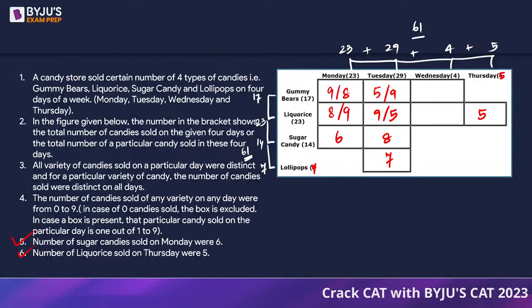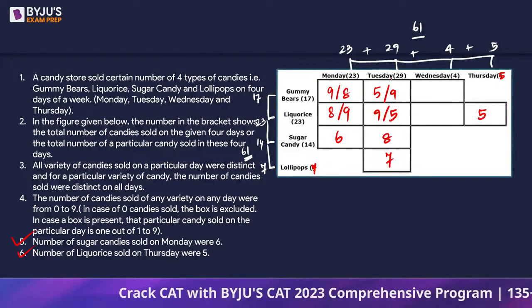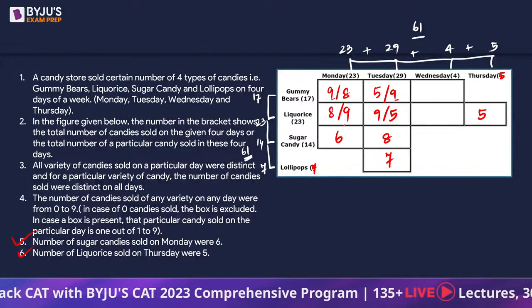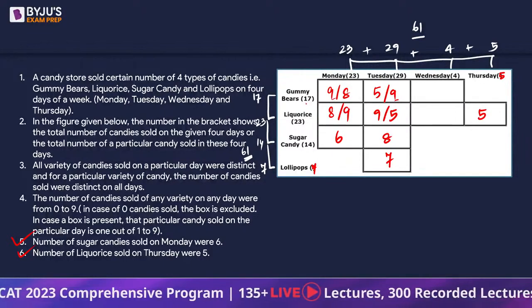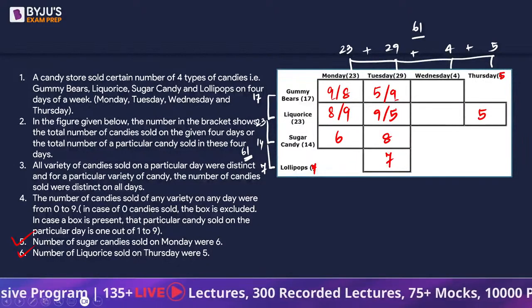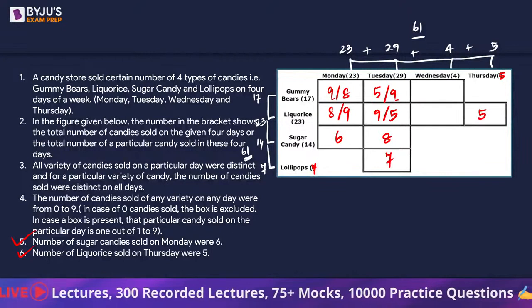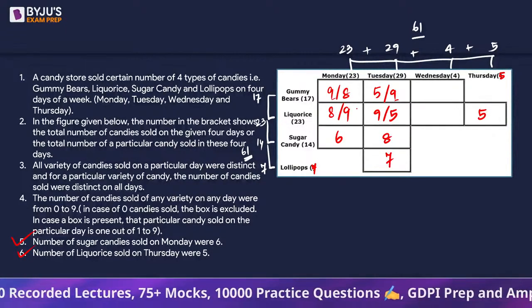Now the thing is, if I take Tuesday, if I take 9 for gummy bears and 9 on Monday, 9 plus 9 is 18, but we need only 17 gummy bears. So we are pretty sure that one of the 9s at most can go there, right? So we can have 9, 5 or we can have 9. We can't have 9 and 8, right? It can't be, or maybe 9 and 8 could happen too.